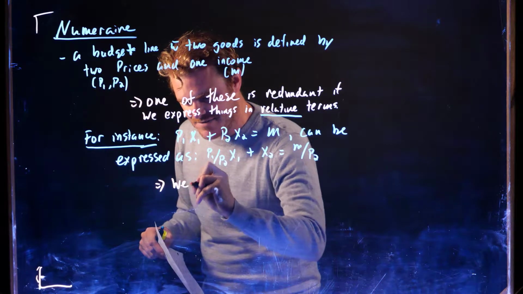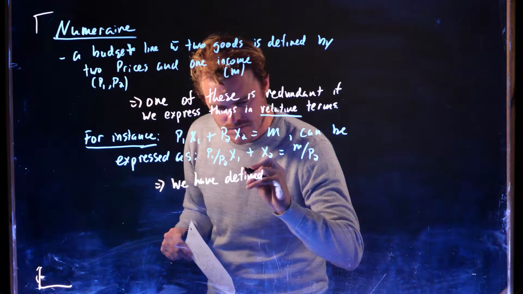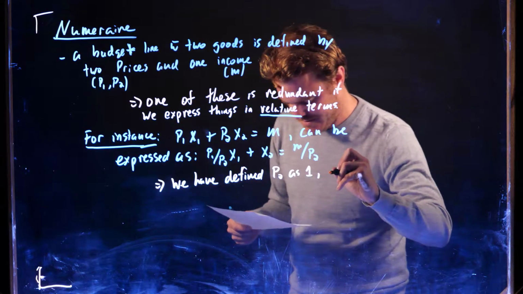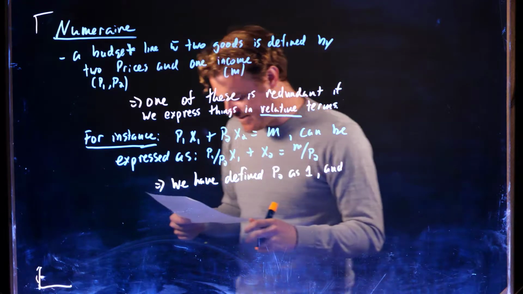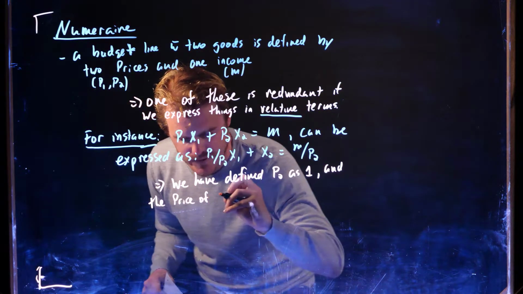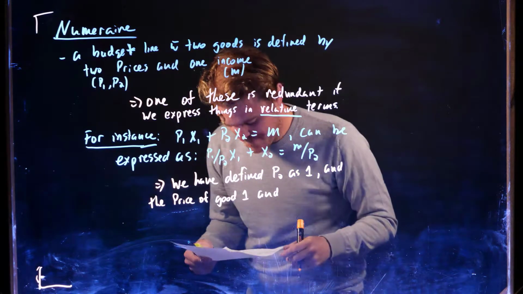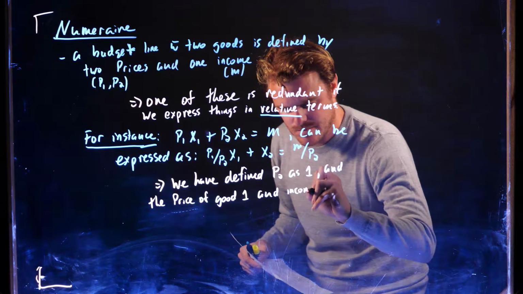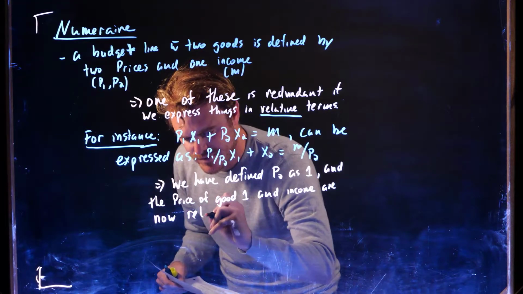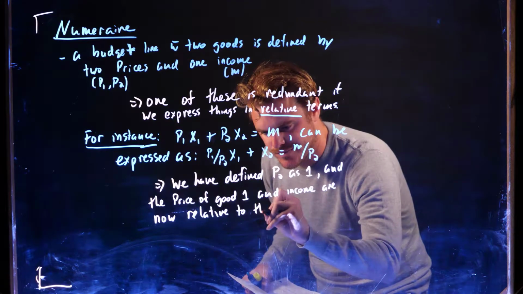So here basically we have defined P2 as 1, and the price of good 1 and income are now relative to the price of good 2.